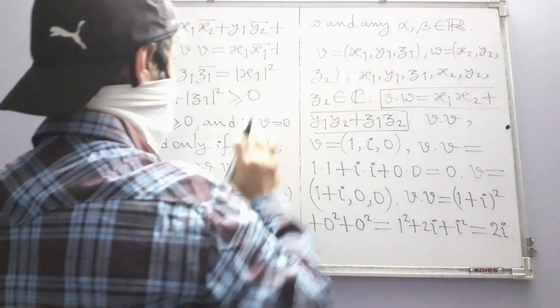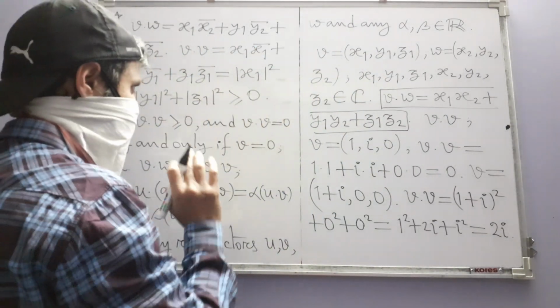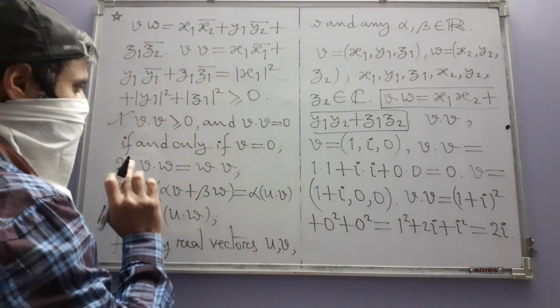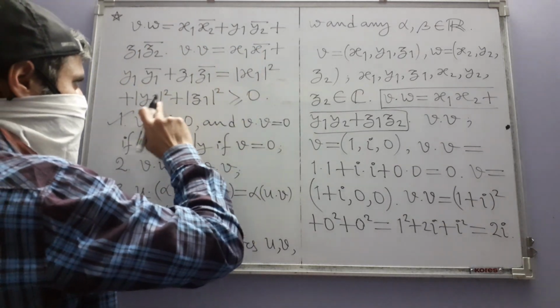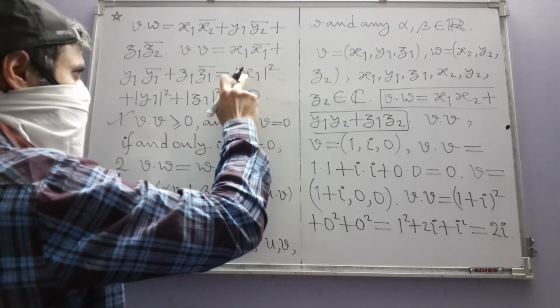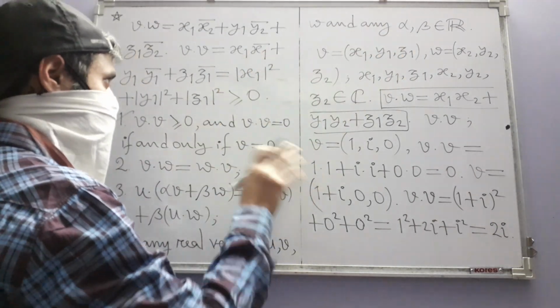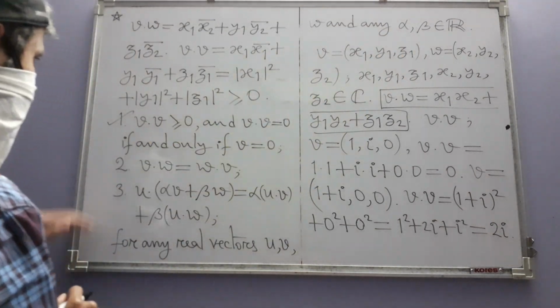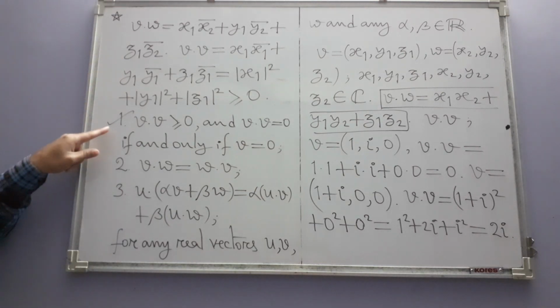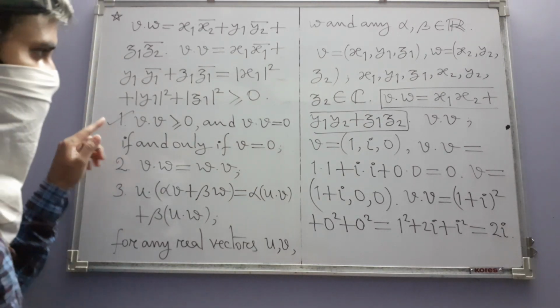Okay, I messed up a little. If this sum itself is 0, that is if the dot product is 0, then individual terms are 0 and hence the components are 0, and that is why the vector is 0. So yes, for this new definition, my property 1 is still intact.